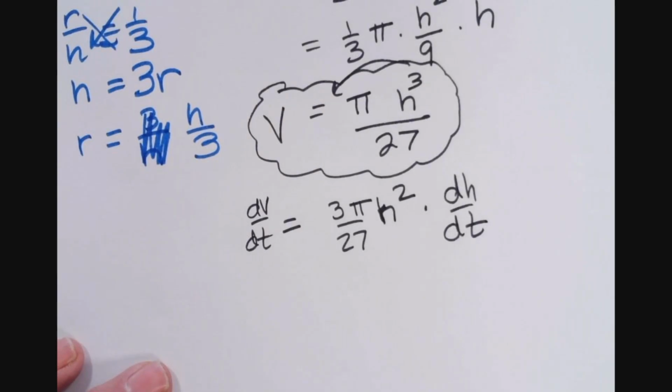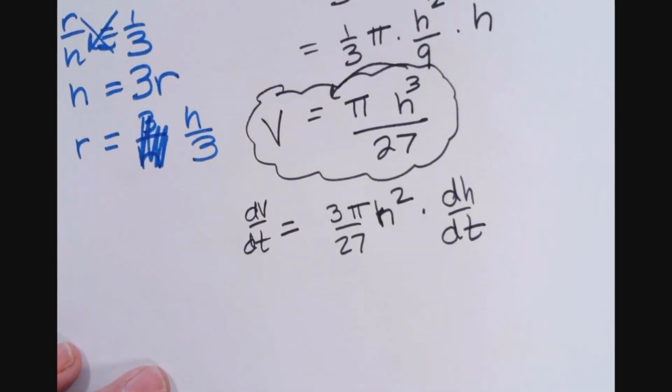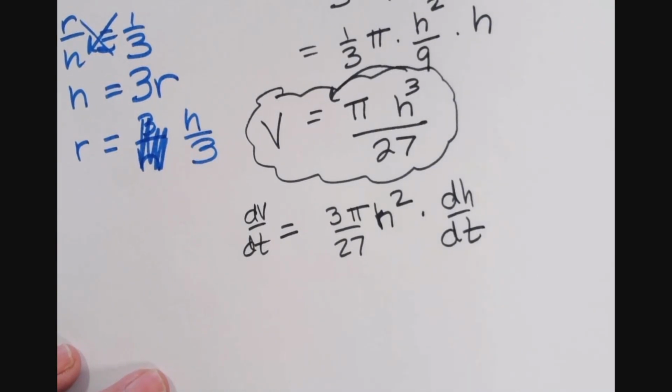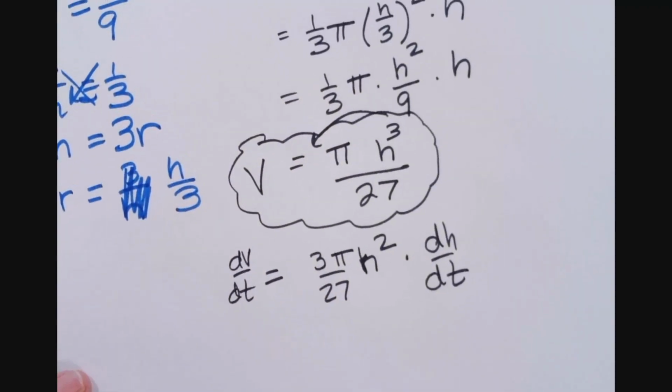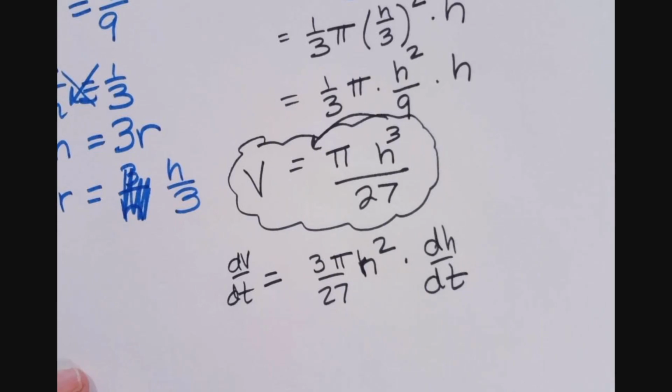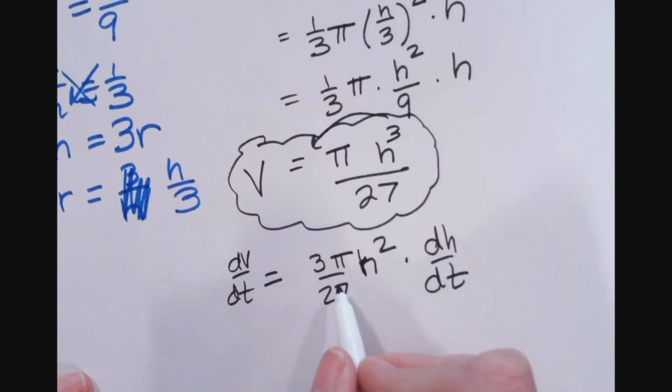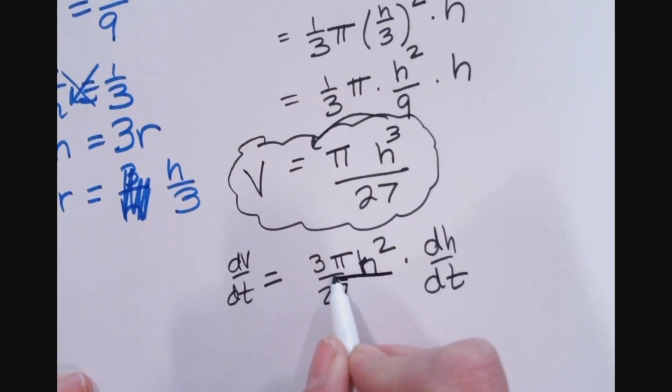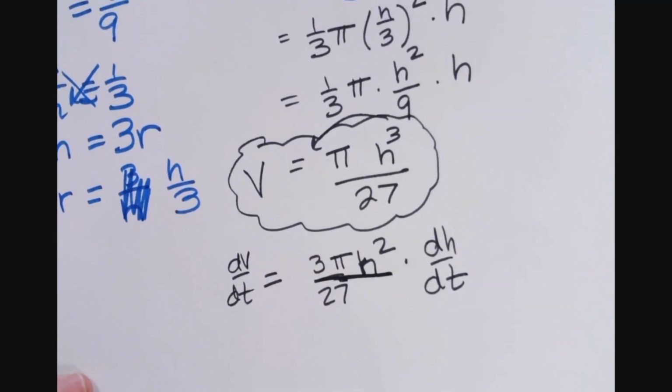Question? Why didn't you leave the H on the top? Like, why did you just take it off? Where? You went from pi H cubed over 27, and then below it, we did 3 pi over 27 times H squared. Okay, I see that.